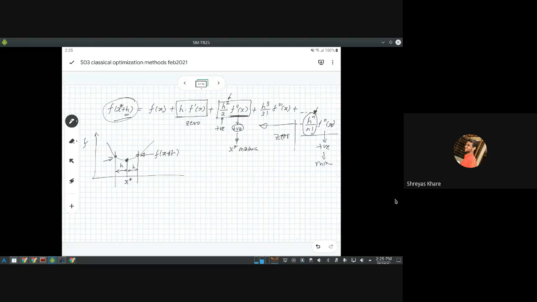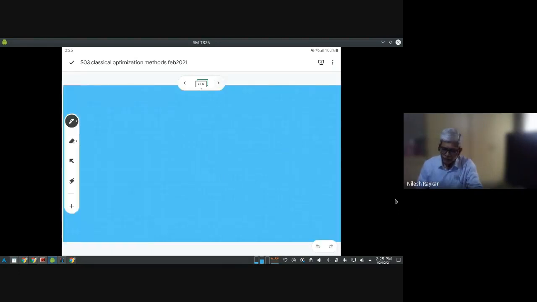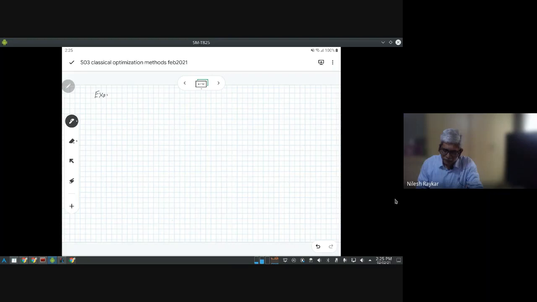Yes, sir. So let's take one small example just to break the monotony and to understand how this sufficiency condition works. You have to find maxima or minima for f of x equal to, and this could be any objective function.